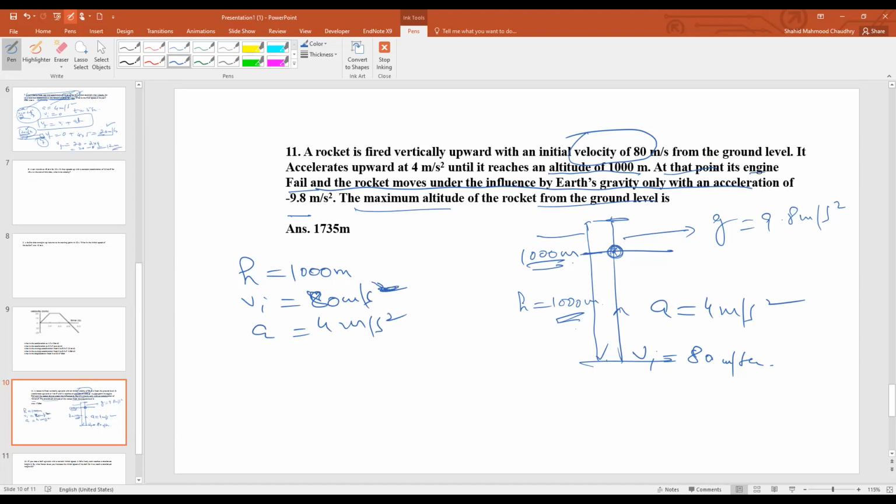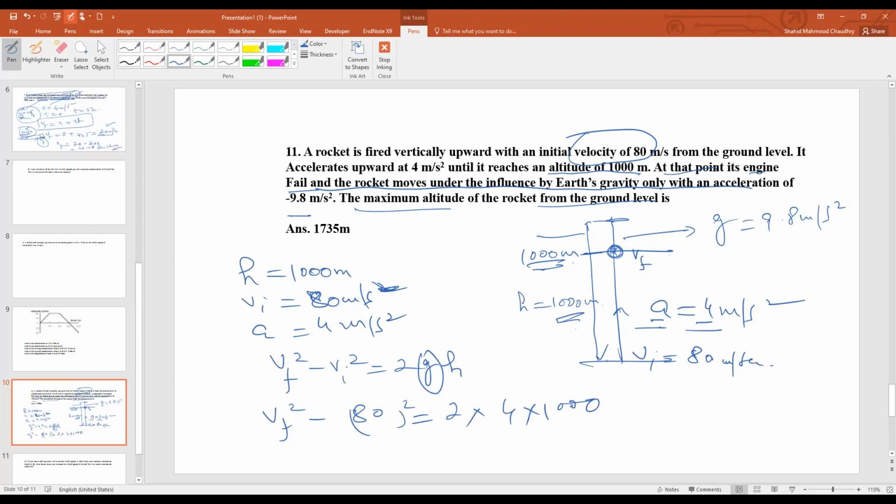So apply the formula. Up to this point, what is the final velocity? To find the final velocity, Vf squared minus Vi squared is equal to 2gh. But here it is not g, it is this value, 4. We don't know Vf here, we want to find it. Vi is 80, and h is this distance.